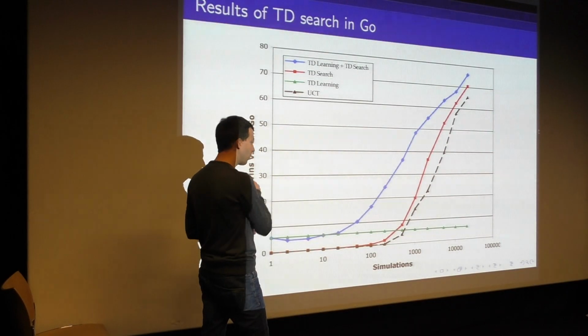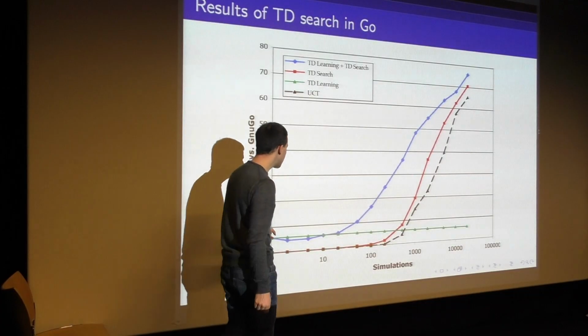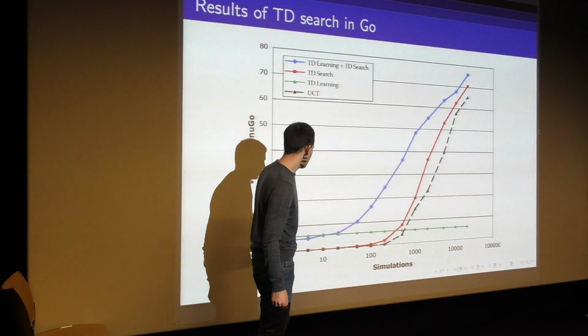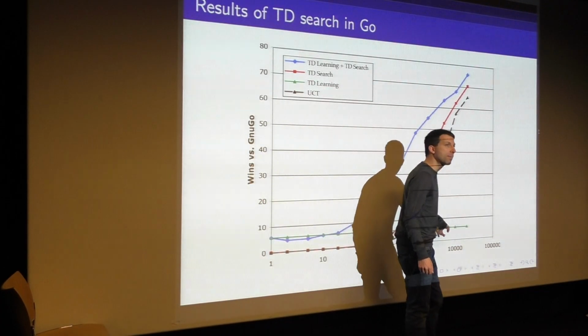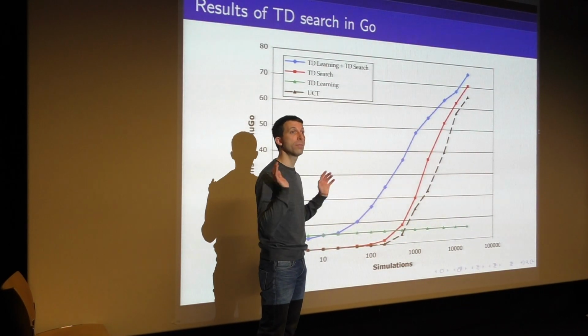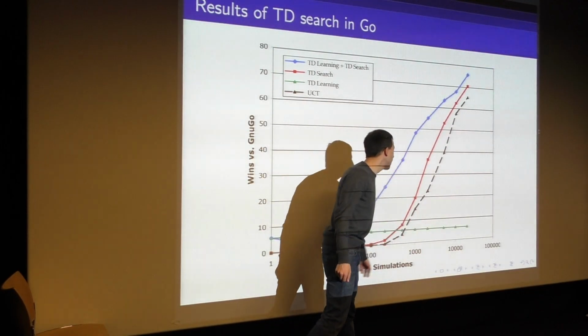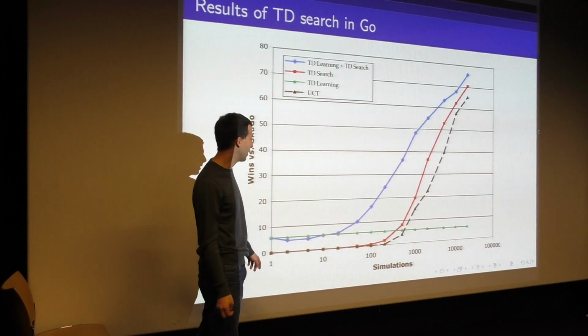Now we see what happens if we use temporal difference learning instead of Monte Carlo learning. If we were just to apply temporal difference learning to real experience, this is learning about the whole state space of Go and not specializing on the situation I'm in right now. So if I learn about the whole state space for Go, I get a very poor winning rate of around 5%.